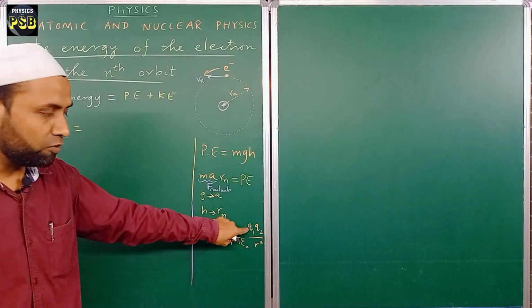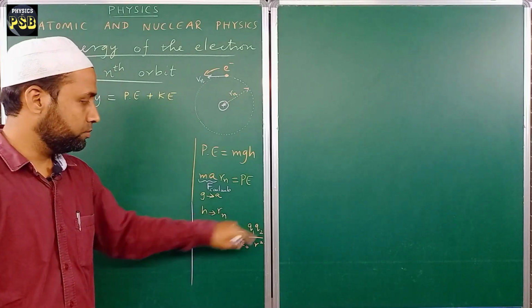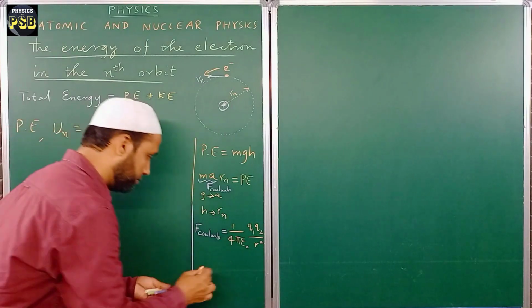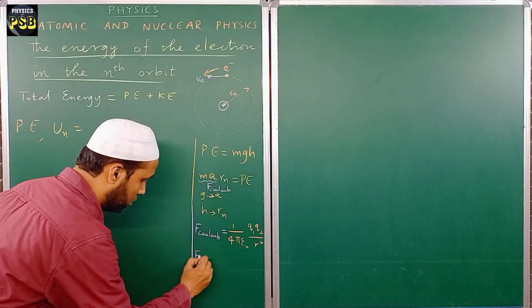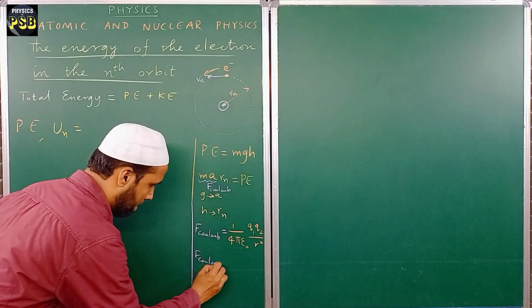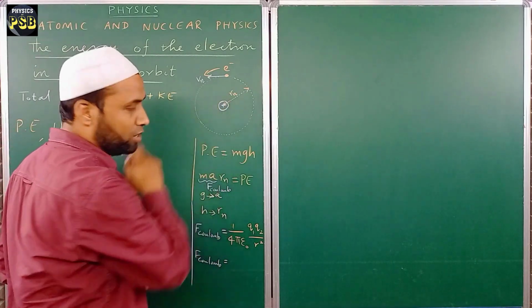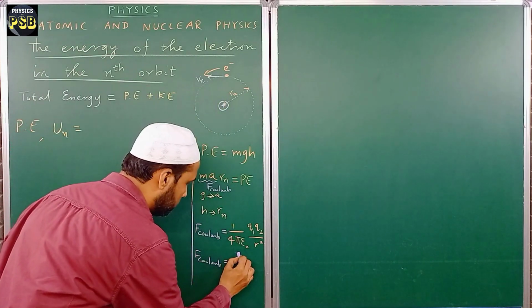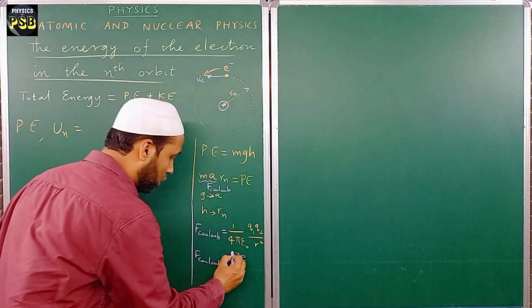Here Q1 is the charge of one object, Q2 is the charge of another object. In our case, I take the charge of the nucleus. Here the nucleus is taken as one object.